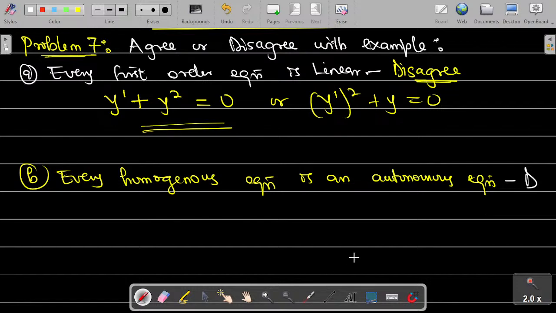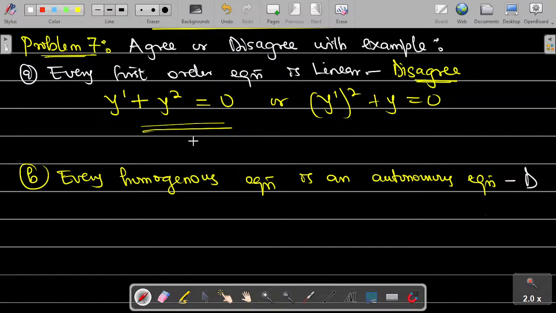We are saying that not all homogeneous equations are autonomous. Autonomous means that the equation has only y as the variable, implicitly or explicitly. For instance, this is a clear example of an autonomous equation, because you can see only y as a variable present here.